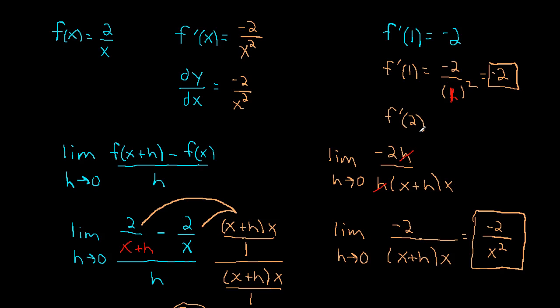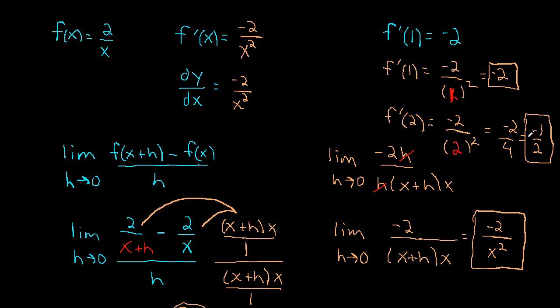You certainly wouldn't want to go through this whole process again, changing the 1 to a 2 and doing all of the same work over. So we find the derivative in general, and now we have a nice little formula that will tell us the derivative at any point. I simply plug in 2 and evaluate. And it looks like we get negative 2 over 4, which is negative 1/2.